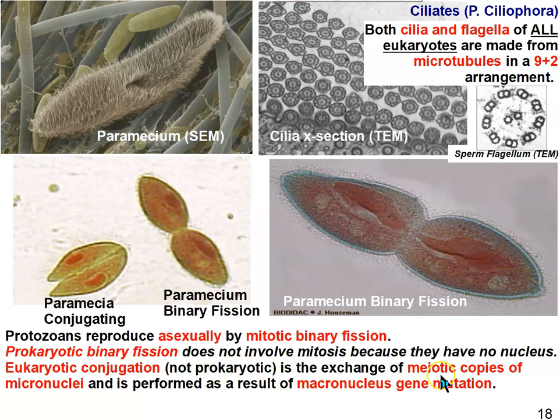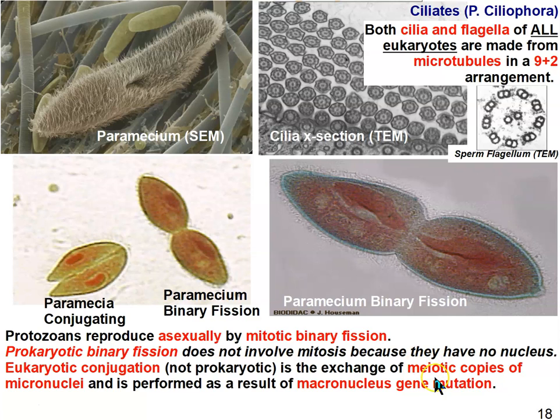But in eukaryotes, meiotic copies of the micronucleus are passed between individuals that have fused their plasma membranes together and formed a cytoplasmic bridge, connecting their cytoplasms. And they exchange copies of their micronucleus that were formed through the process of meiosis, not mitosis, but meiosis, which is the same process that forms sperm and egg sex cells.